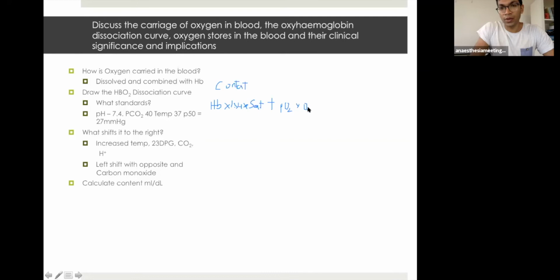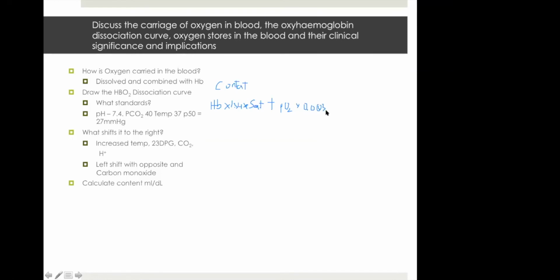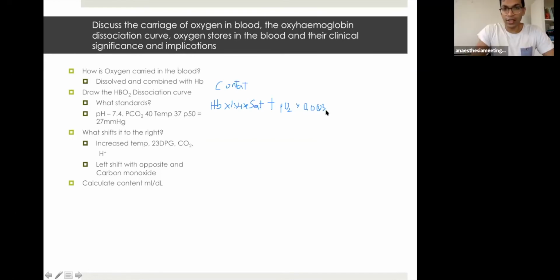Yep, beautiful. I'm going to tell you guys now to just use one set of units. It'll make it so much simpler. So, is everyone happy that this is the content bound and this is the dissolved? You mentioned the word chemical as a synonym for bound, but I wouldn't use that, Andrew. I'd just go dissolved and bound to hemoglobin parts.